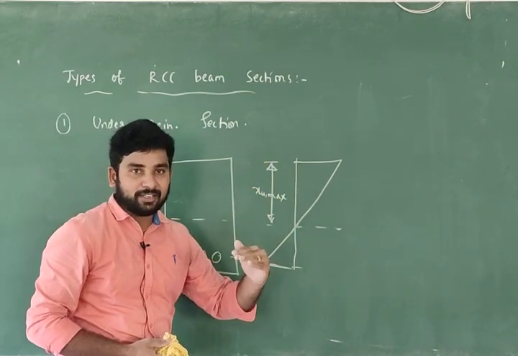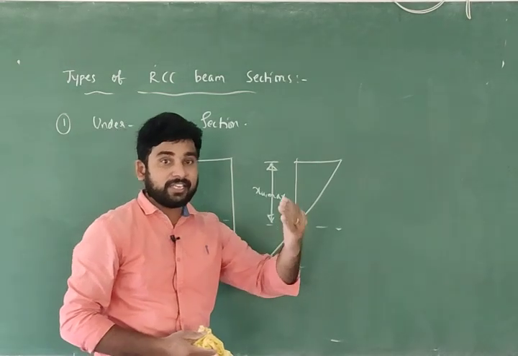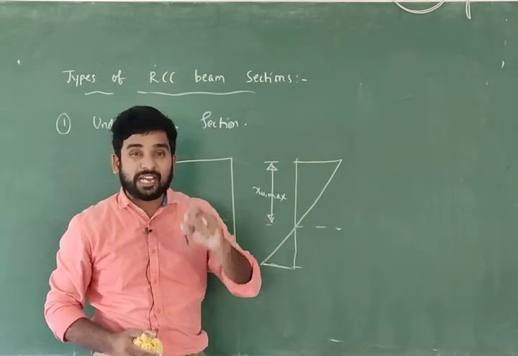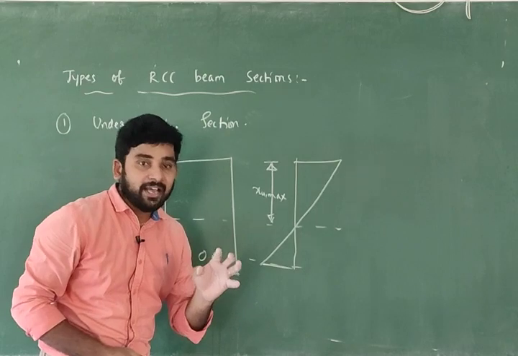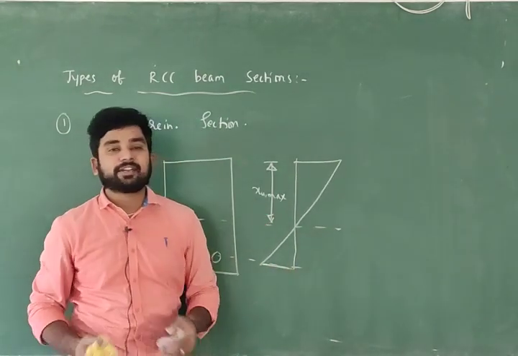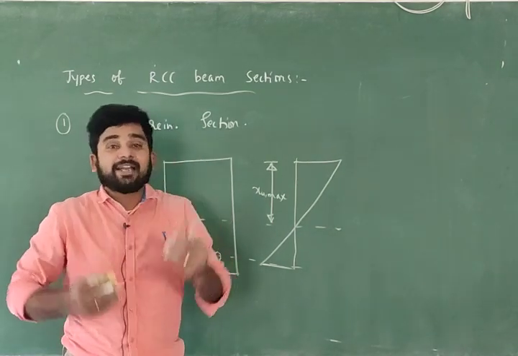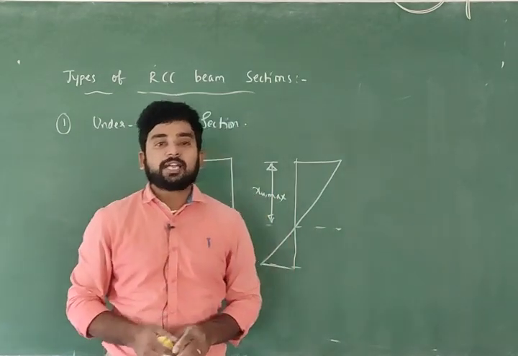Under reinforced is nothing but when the required steel is more but you are taking less than the required amount of steel, then that is called under reinforced. For example, you need 100 mm square of steel, but you are taking less than the required amount, then what type does it come under? Under. So when you are considering less than the required, what happens?